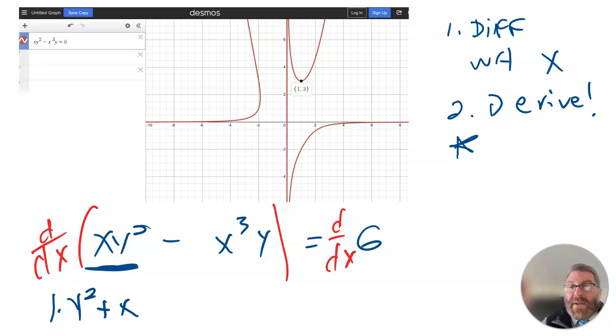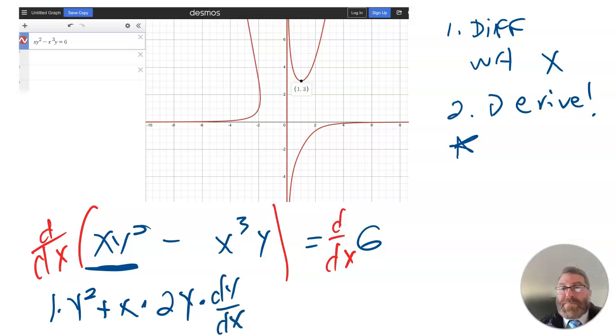Now, when I differentiate y squared with respect to x, since y is not an x, the variable with respect to which I'm differentiating, I have to treat y like an inner function, and I have to use a chain rule. So therefore, the derivative of y squared with respect to x is not just 2y, it's going to be 2y times dy dx, or y prime.